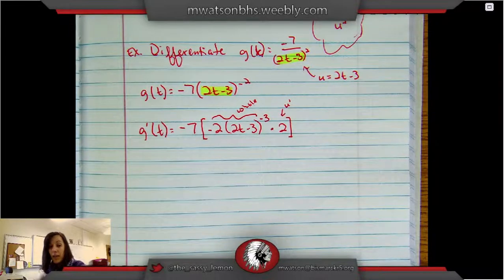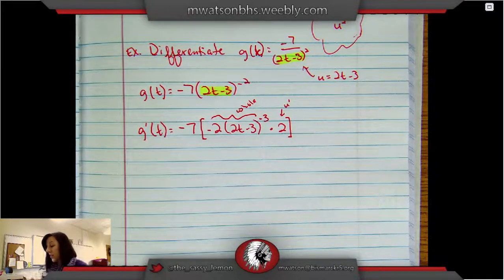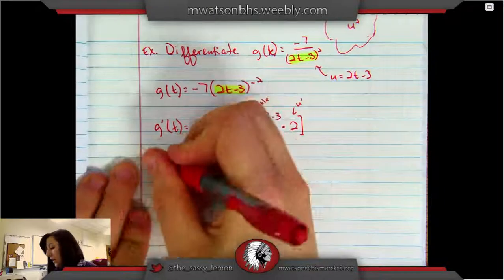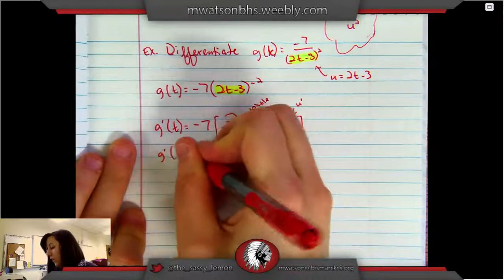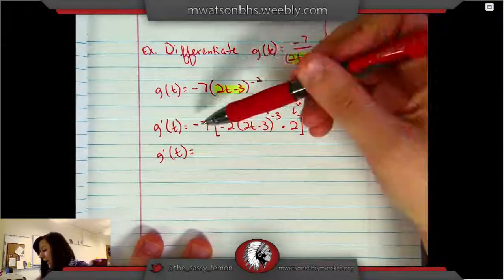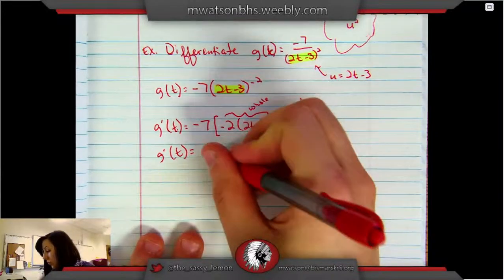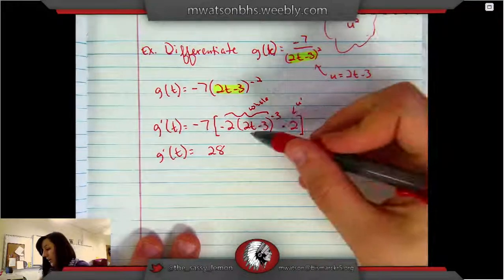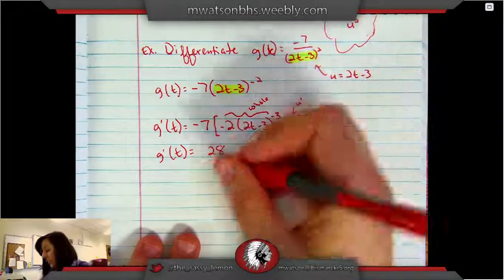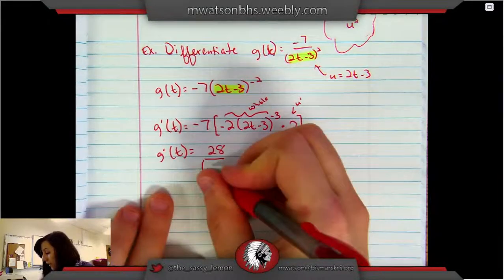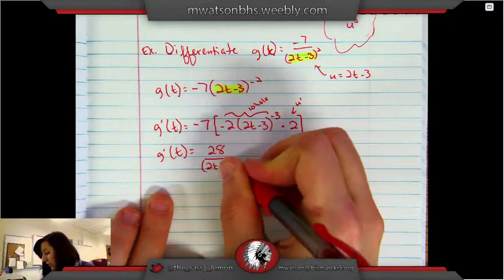So I don't know if that makes sense to you, but that's how the chain rule works. And then we just do our cleanup. G prime of t equals, I can see I've got a -7, a -2, and a 2 to all multiply together. So I'm going to end up with 28. This quantity has a negative exponent, so it's going to go to the denominator, 2t minus 3 to the third, and we're done.